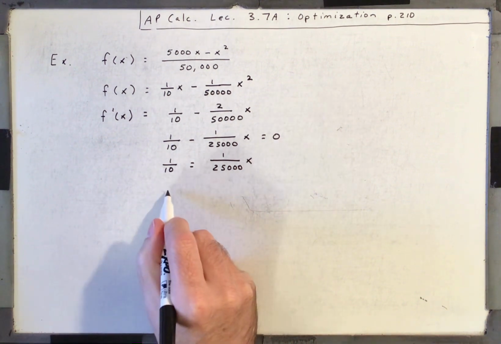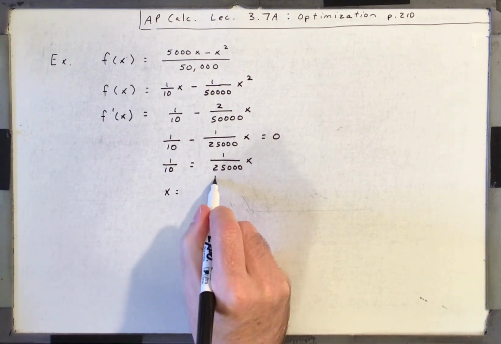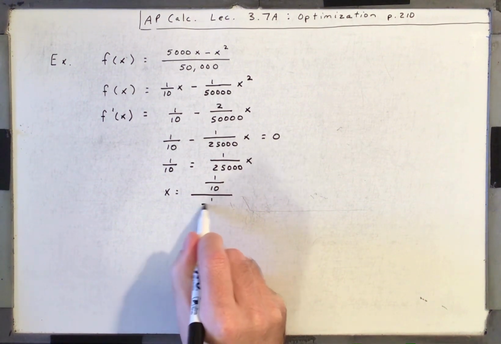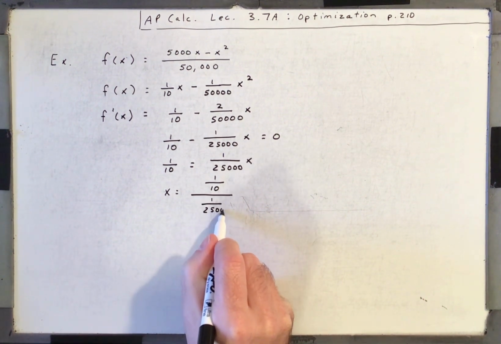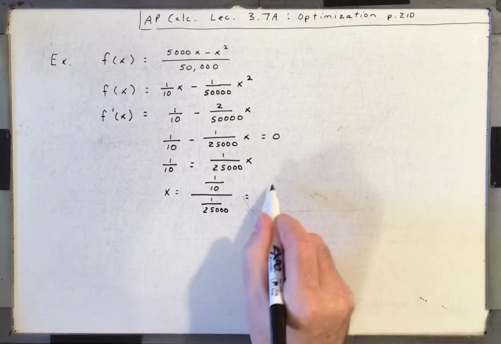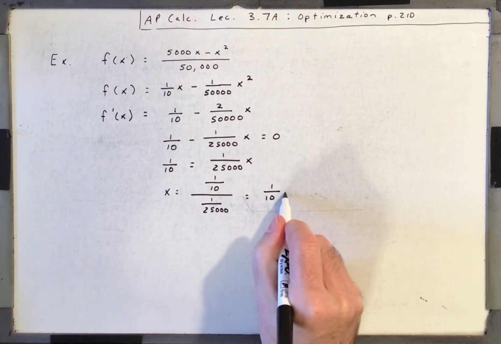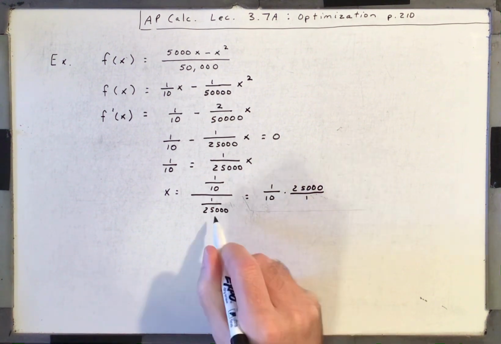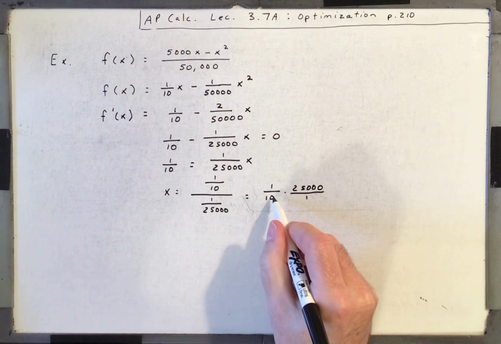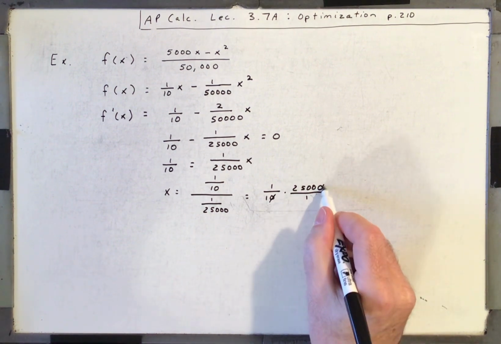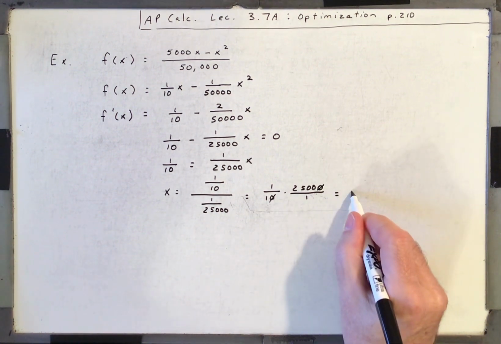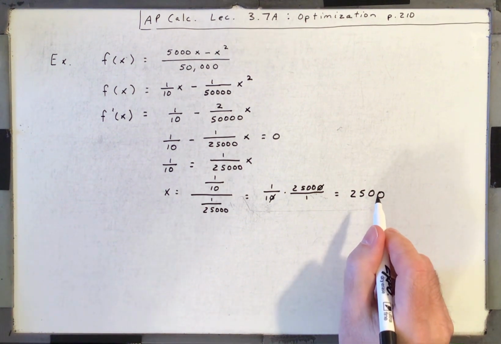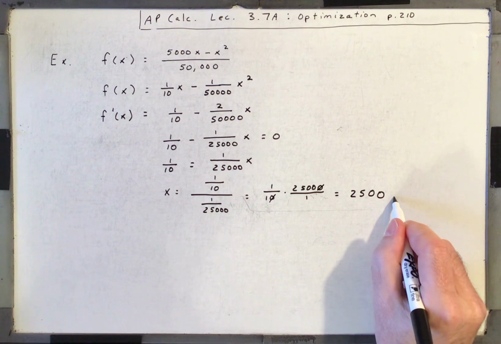So x is going to be 1/10 divided by 1 over 25,000. That's going to be 1/10 times 25,000 over 1 if we flip and multiply. So we can get rid of that there, and you'd have x is 2,500, and the unit is square feet.